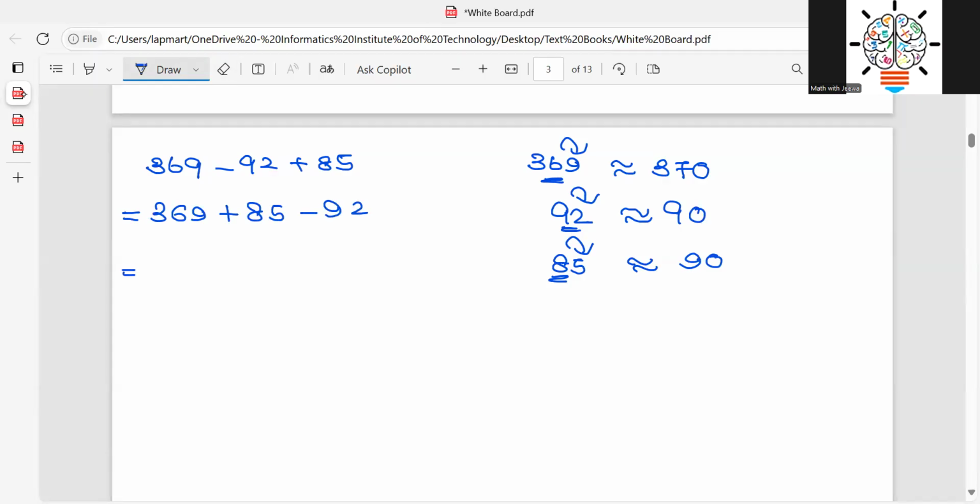Right? 369 means 370 minus 80 plus 9. So then this one will cancel. The final answer is 370.